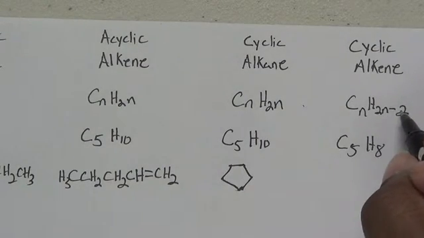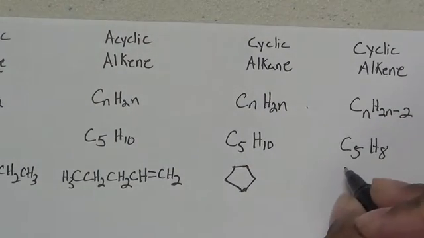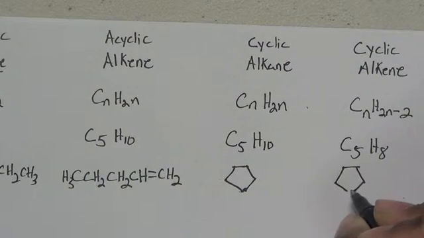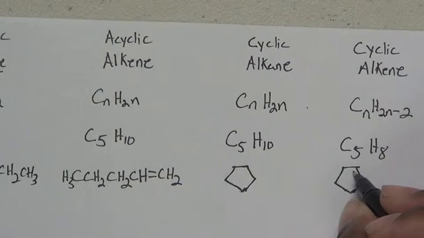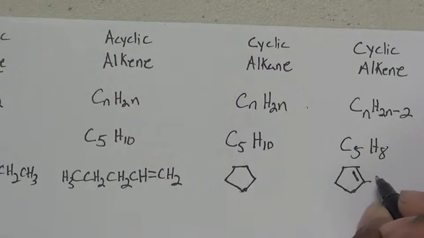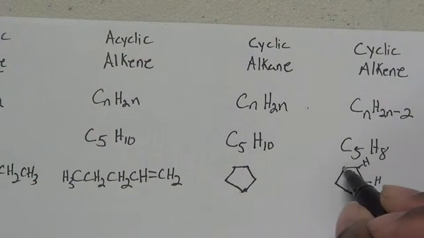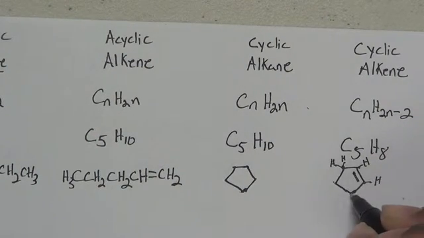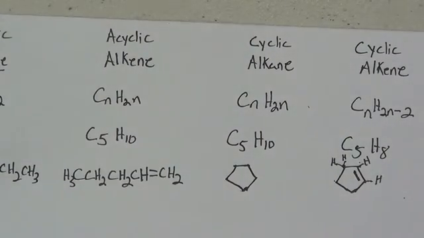Okay, 10 minus 2 is 8. A good structure for a cyclic alkene, we know we got 5 carbons. We can't do anything here but have a pentane ring and put the unsaturation there. Now we got a hydrogen there, a hydrogen there, so that's two hydrogens here. Okay, always 2, 4, 6, 8. Each carbon must have 4 bonds.